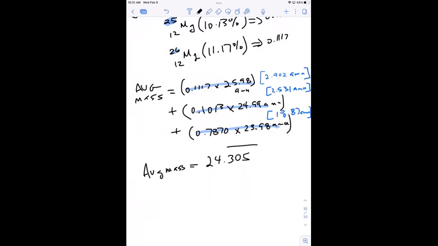All right, and this is in AMU. If you look at the periodic table, that's the number that's on the periodic table. We're going to keep it in 4 sig figs, so it'll be 24.31. That's the exact number that's there. So again, the atomic mass represented on the periodic table is the average of all the isotopes of that element that exist.